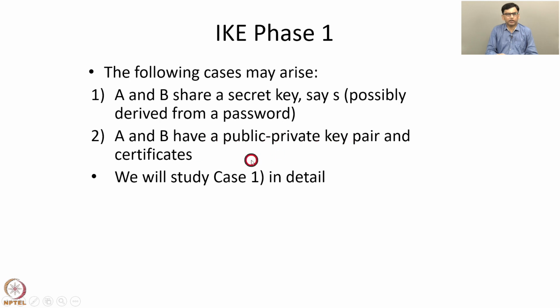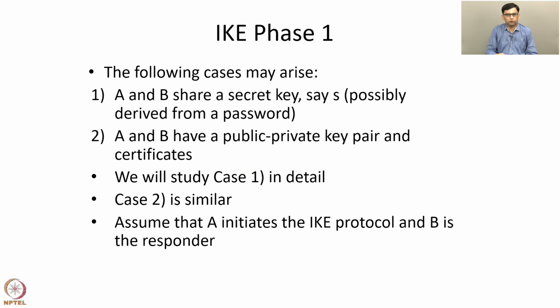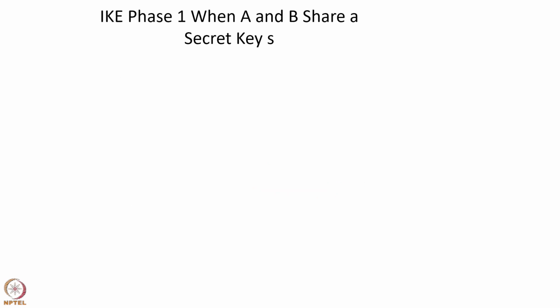We'll study case 1 in detail, and case 2 is similar, so we won't go into the details of case 2. Assume that A initiates the IKEY protocol and B is the responder. So this is the execution of IKEY phase 1 when A and B share a secret key S.